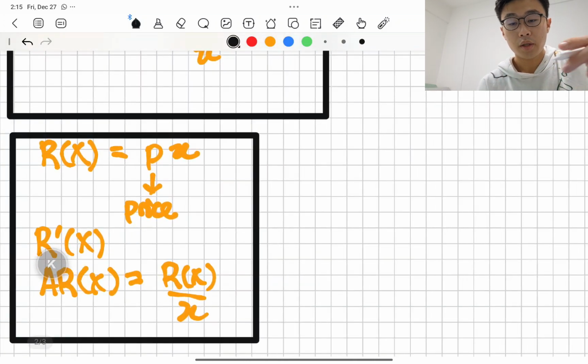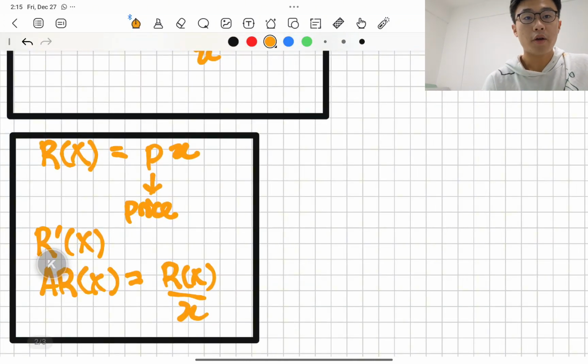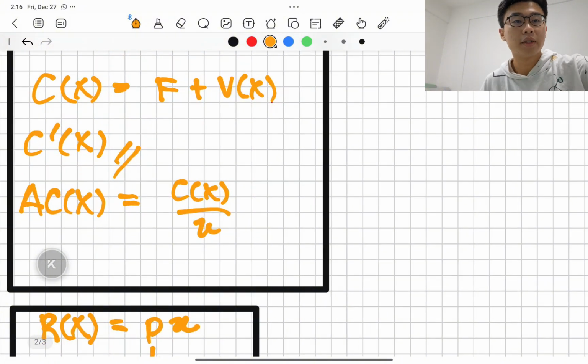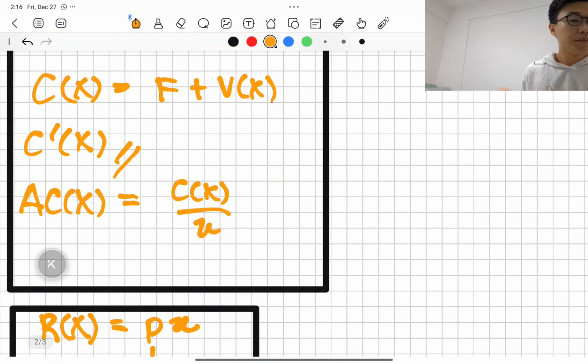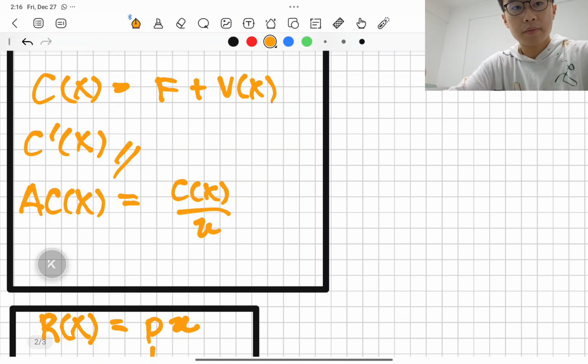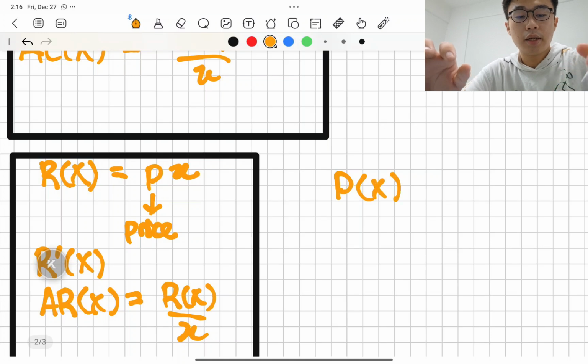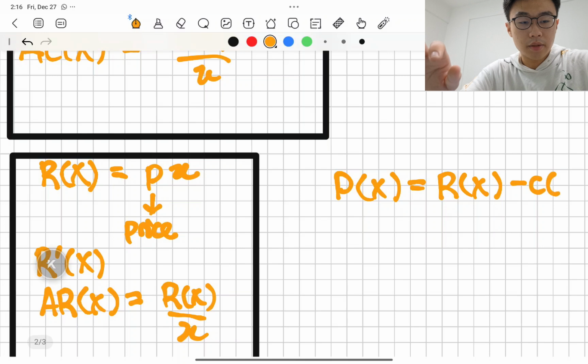Okay, continue. Let's go to the profit. So the profit function is actually the difference between R(x) and C(x), which is the difference between the revenue function and the cost function. Okay, so P(x), which is the profit function, is represented by P(x) equals R(x) minus C(x).